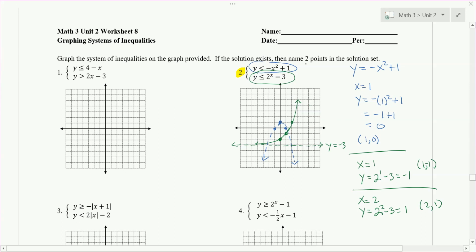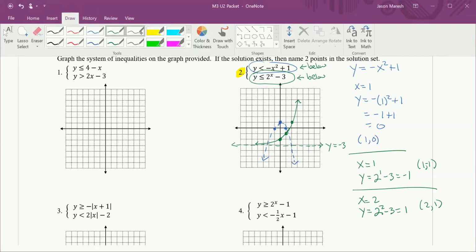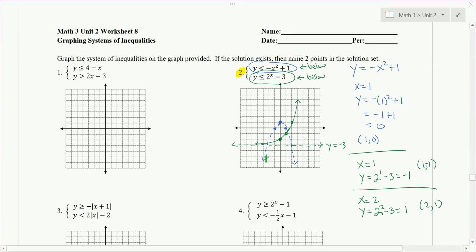So I want to shade below the first, and I want to shade below the second curve as well. So it's got to be below both of them, and so the shading will be in this section here.